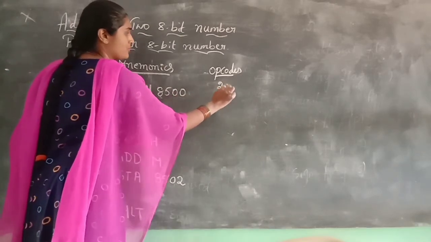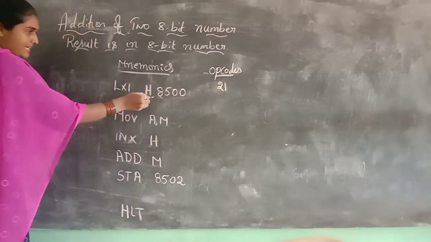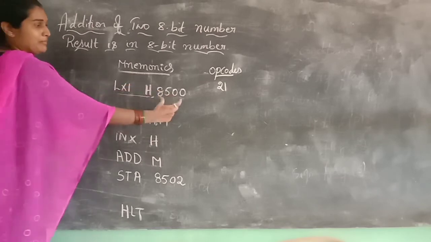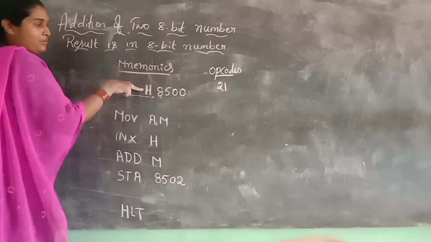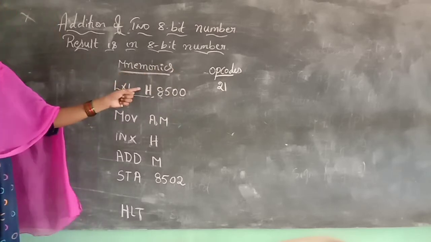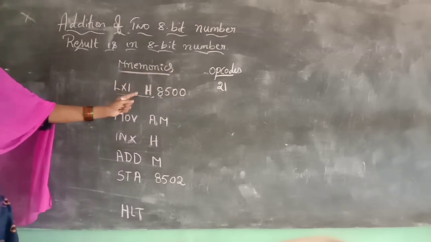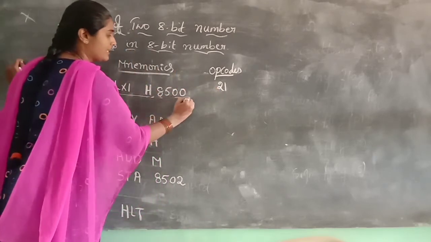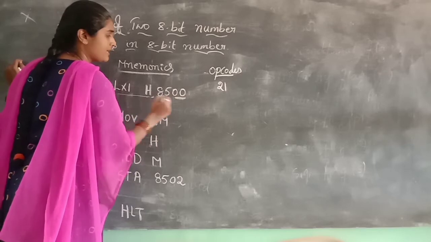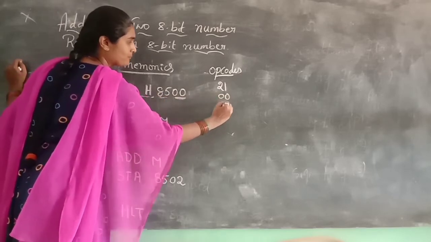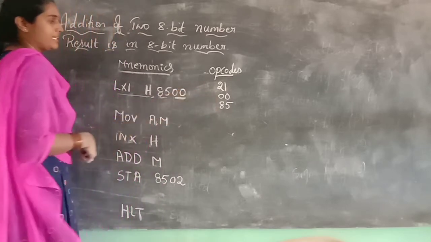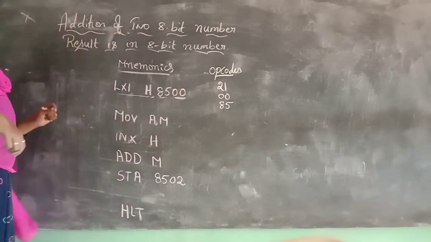LXI H is 21: load the 16-bit immediate data into the HL pair. First you write the LSB and next the MSB: 21 00 85.